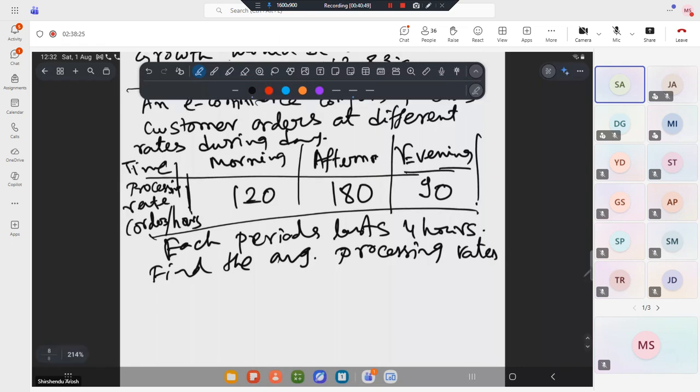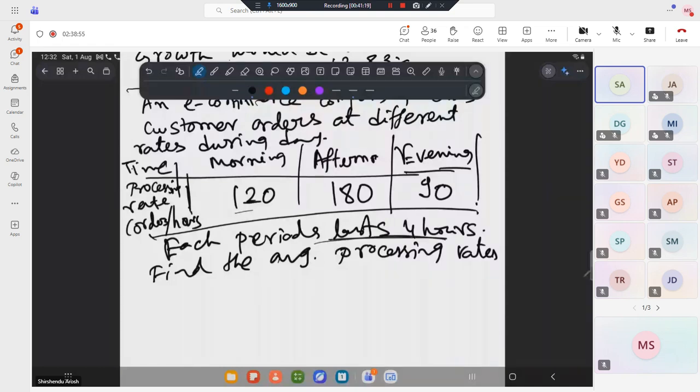So in this case, if you see the average of the rates, unlike the other types, because these numbers are not percentage numbers, these are orders per hour, something per hour kinds of things. In that scenario, we generally go for the harmonic mean, right? Of course, this has nothing to do with the actual calculation.